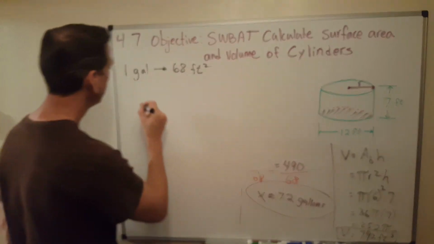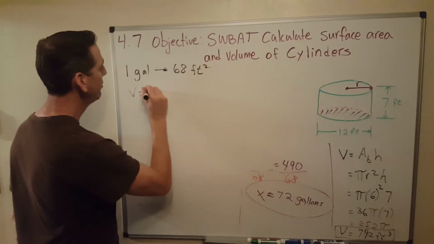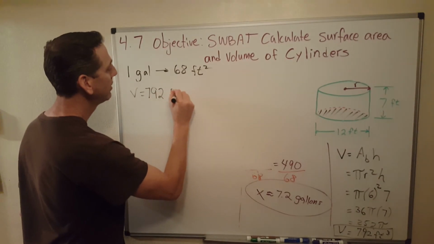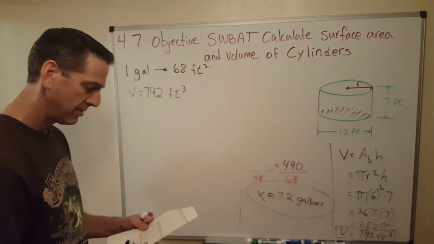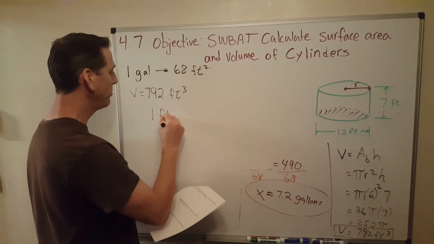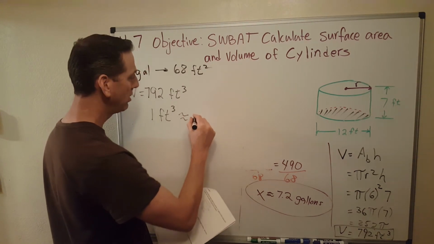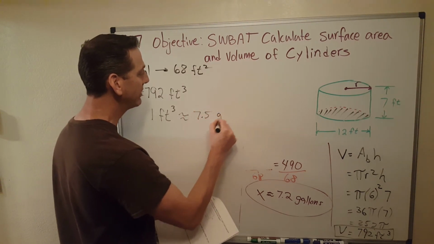All right, so the volume is 792 cubic feet. And let's take a look. 1 cubic foot is approximately equal to 7.5 gallons.